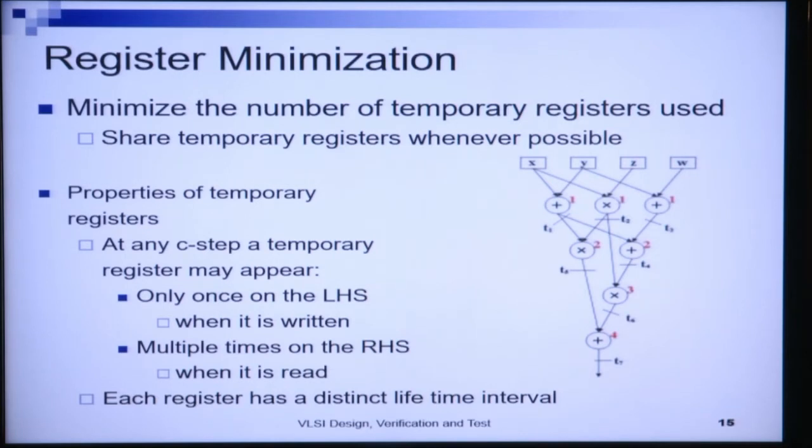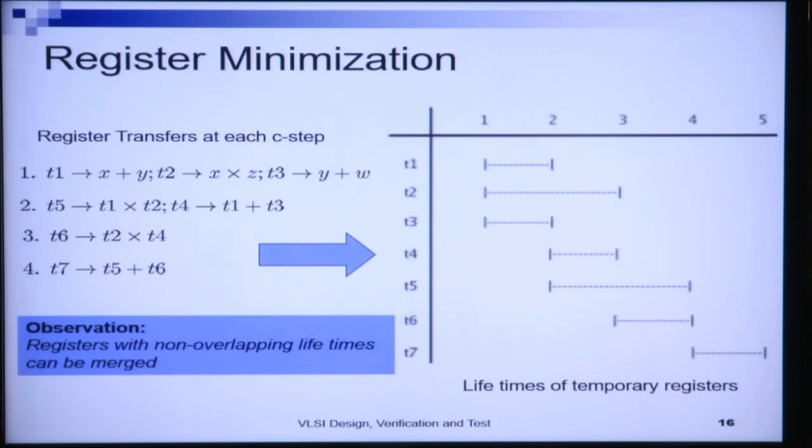And each register therefore has a distinct lifetime interval from its first definition to its last use, and hence these temporary registers can be mapped to distinct intervals. So, what do we infer from all these intervals?